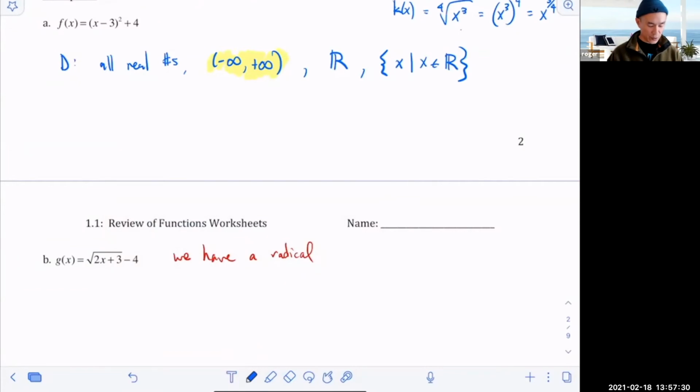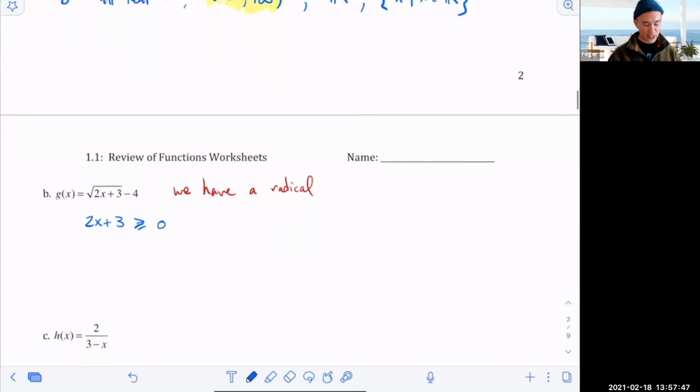So what we need to do is take the inside and make it greater than or equal to 0. You guys know what the square root of 0 is? 0, right? So, okay, we need to solve this inequality. Maybe I should have said that.